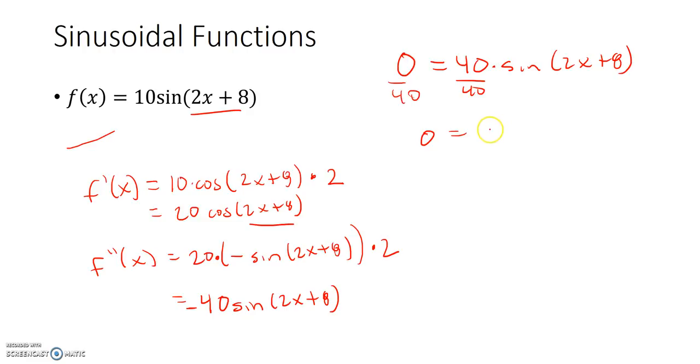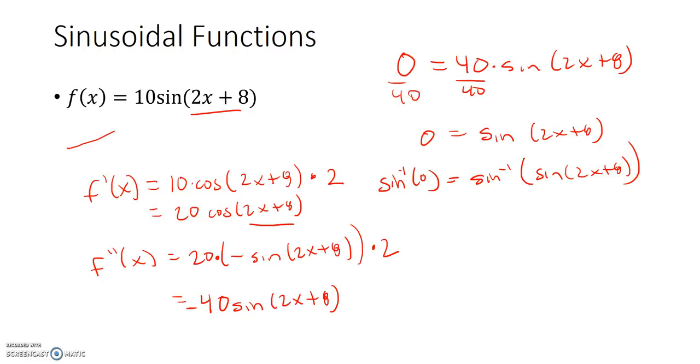We get 0 equals sine of 2x plus 8. And now I have to take the arc sine, or the sine inverse, of both sides. So if I take the sine inverse of sine of 2x plus 8, I've got to take the sine inverse of 0 as well. Have to perform the same operation.